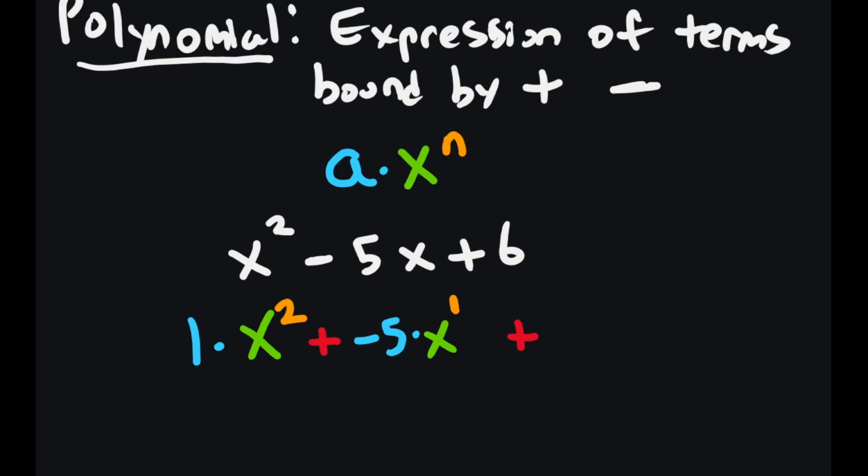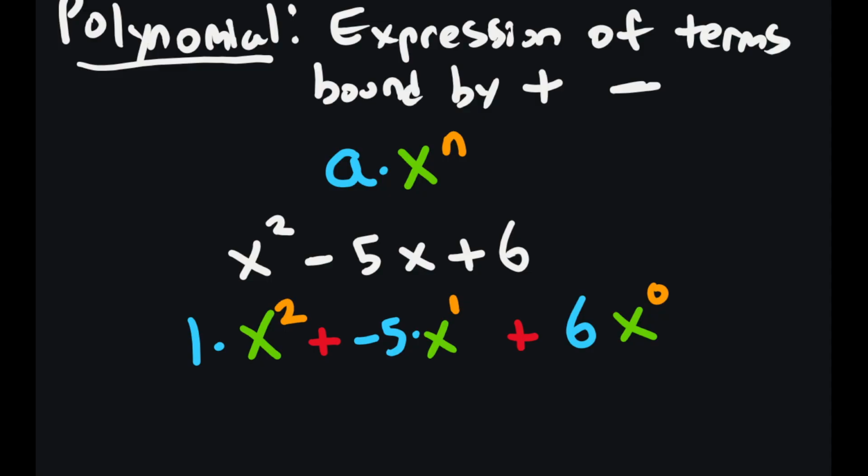And now this third term right here, positive 6. So you can probably tell the a in this case is positive 6, or we could just write 6. And even though there's no variable over here, the variable would actually be x to the 0 power.